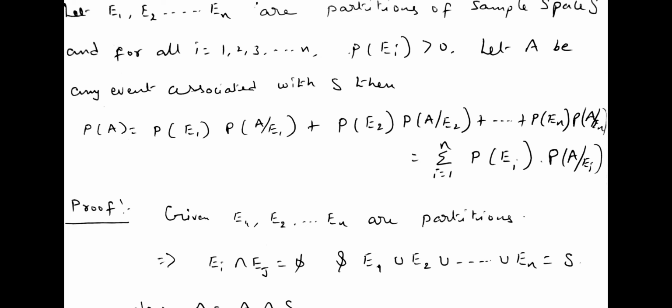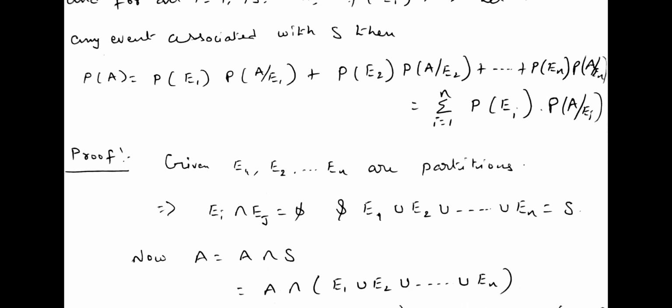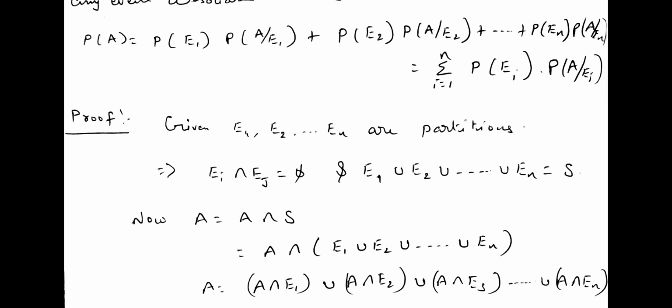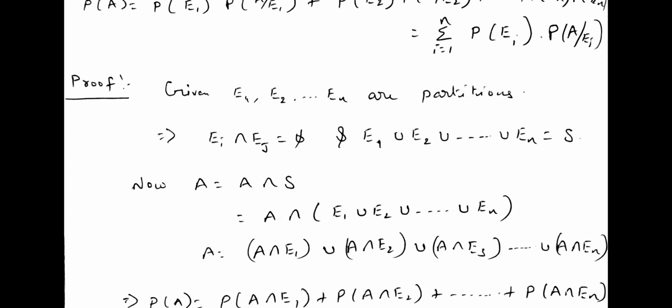So first, what he gave here: E1, E2, and so on, En are partitions. Then Ei intersection Ej is phi, and E1 union E2 union so on union En is the whole sample space. Now what is A here?